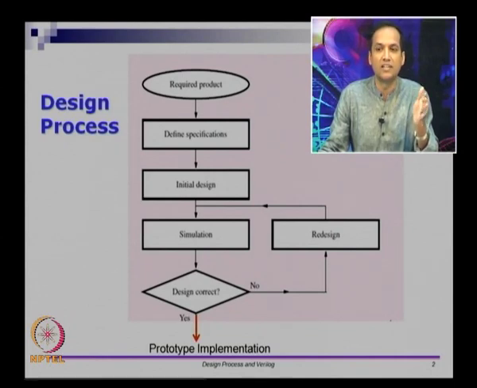You have to say that this circuit is supposed to implement this functionality, it is supposed to run this fast, these are the conditions under which it should operate, this is the temperature at which it should be able to run. For example, if you design a processor for a cell phone, then you have to say that it should work properly from minus 15 degrees centigrade to 45 degrees centigrade.